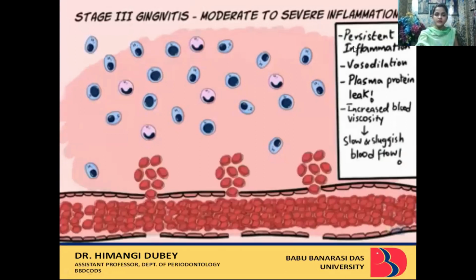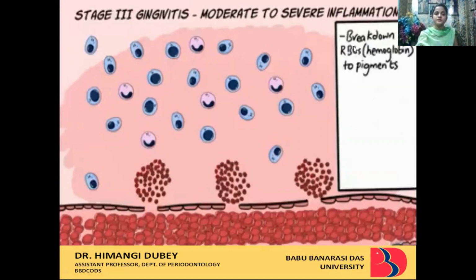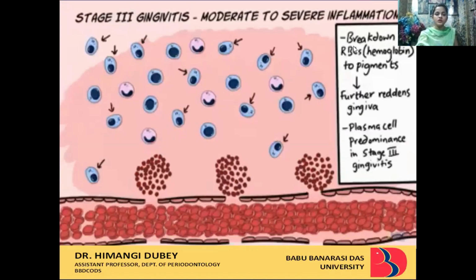Red blood cells escape to the connective tissue, and hemoglobin is broken down into pigments which may further redden the already erythematous gingiva. It's important to note that this stage is characterized by intense chronic inflammation predominated by plasma cells.